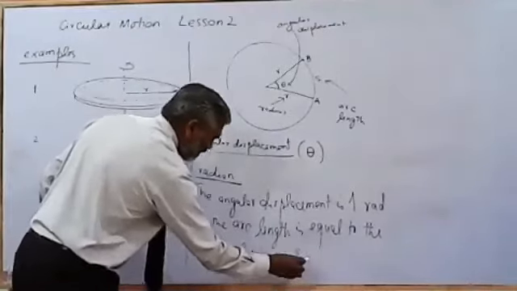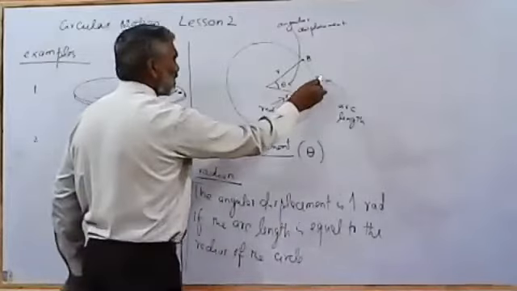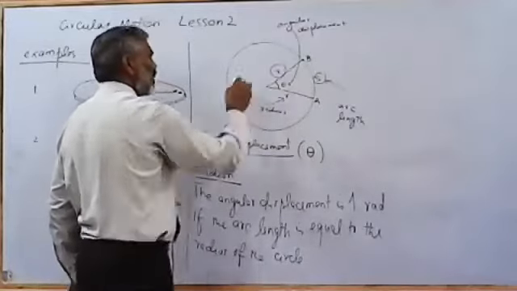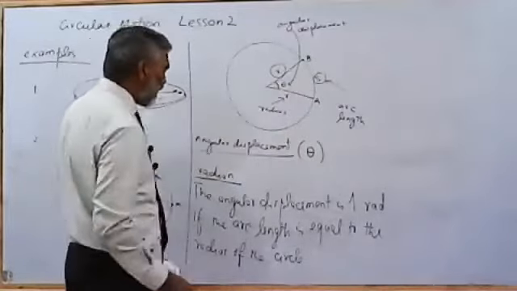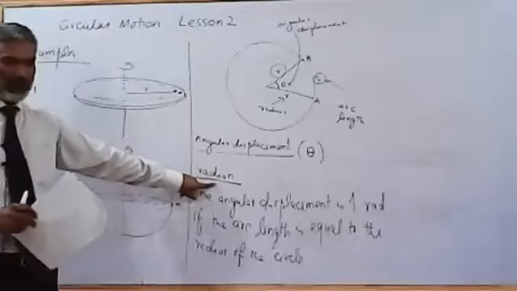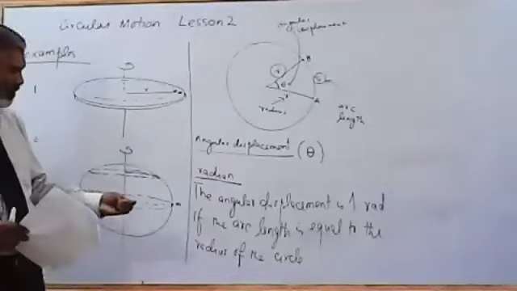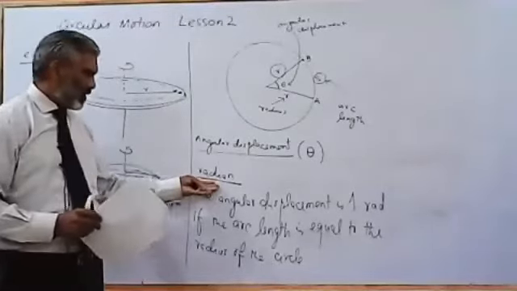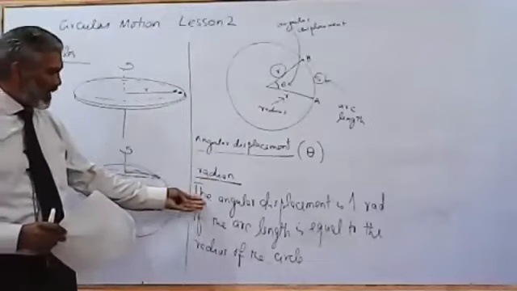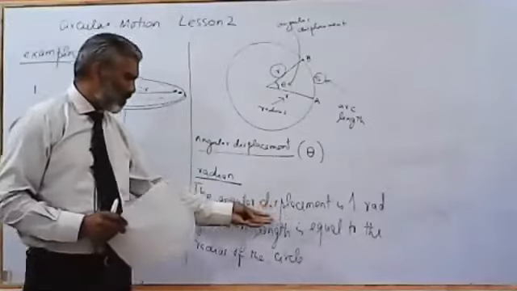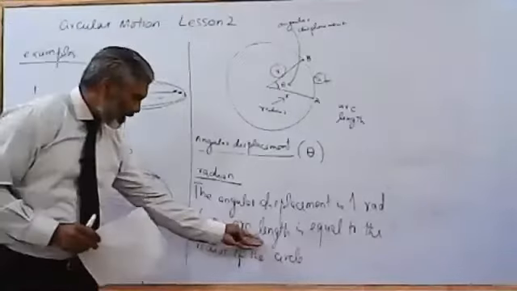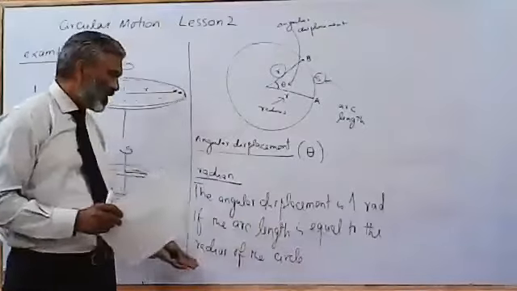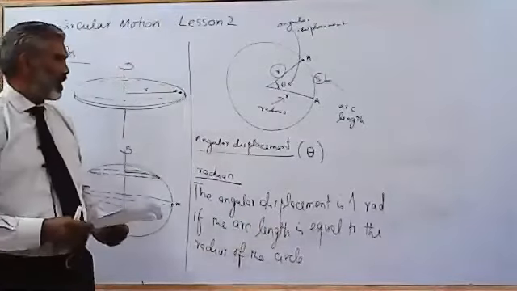In other words, if S becomes equal to R, this theta is exactly 1 radian. So if you are asked to define the radian, you will define it as the angular displacement for which the arc length is equal to the radius of the circle.